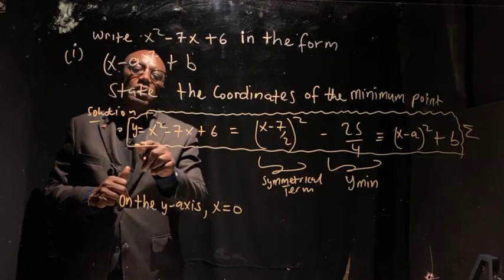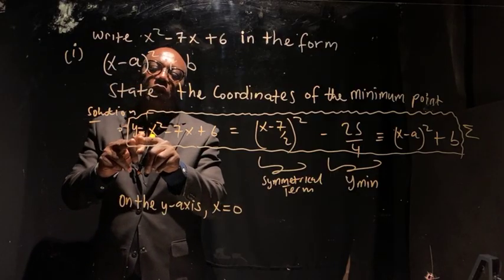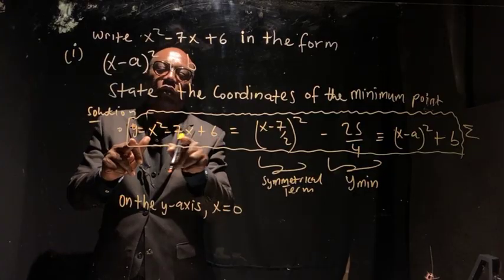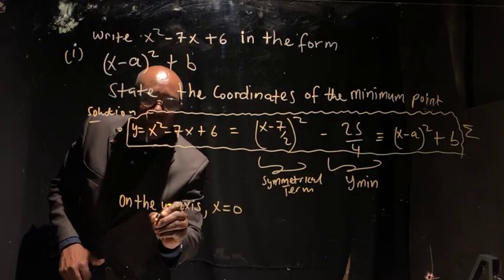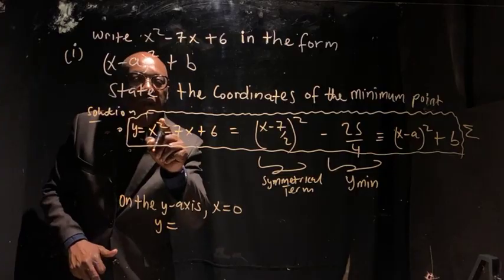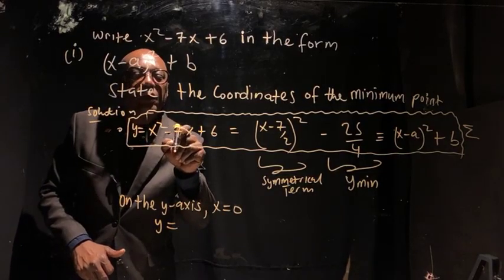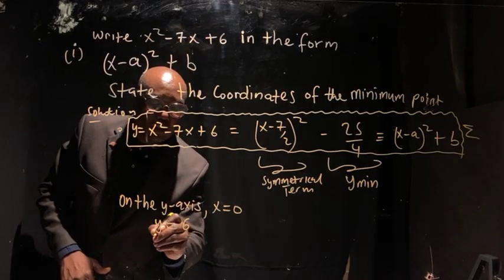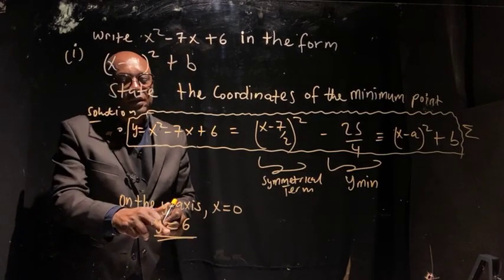In that case, if you pick up this equation and put x equal to 0, you find that y equals 0 squared minus 7 times 0 plus 6, so y equals 6. So this is the y-axis intercept.